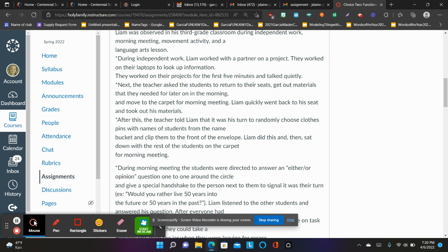Next, the teacher asked the students to return to their desks, get out materials that they needed for later in the morning, and moved to the carpet for morning meeting. Liam quickly went back to his seat and took out his materials. After this, the teacher told Liam that it was his turn to randomly choose clothespins with names of students from the name bucket and clip them to the front of the envelope. Liam did this and then sat down with the rest of the students on the carpet.